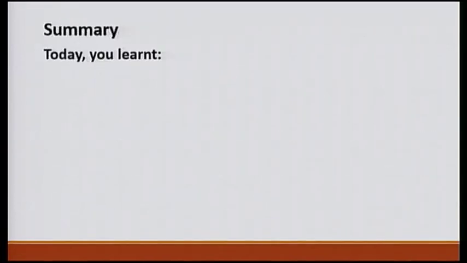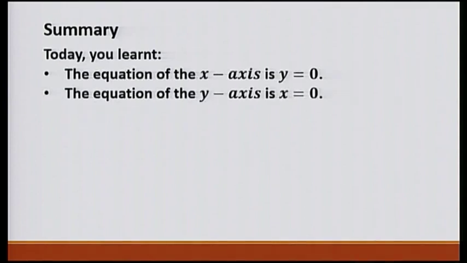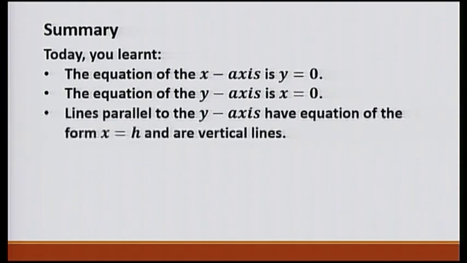So friends, today you learned the equation of the x-axis is y is equal to 0. The equation of the y-axis is x is equal to 0. Lines parallel to the y-axis have equation of the form x is equal to h and are vertical lines.